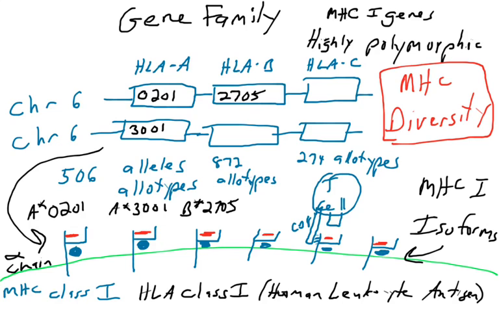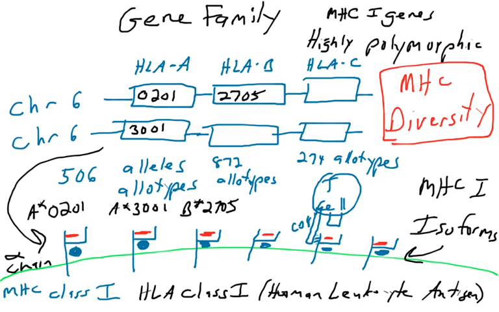When we talk about B cell diversity and T cell diversity, the fact that most every one of your B cells is different was due to VDJ recombination and junctional diversity. We don't do that here, right? There's no recombination in this MHC region, but we do inherit our diversity from our parents.